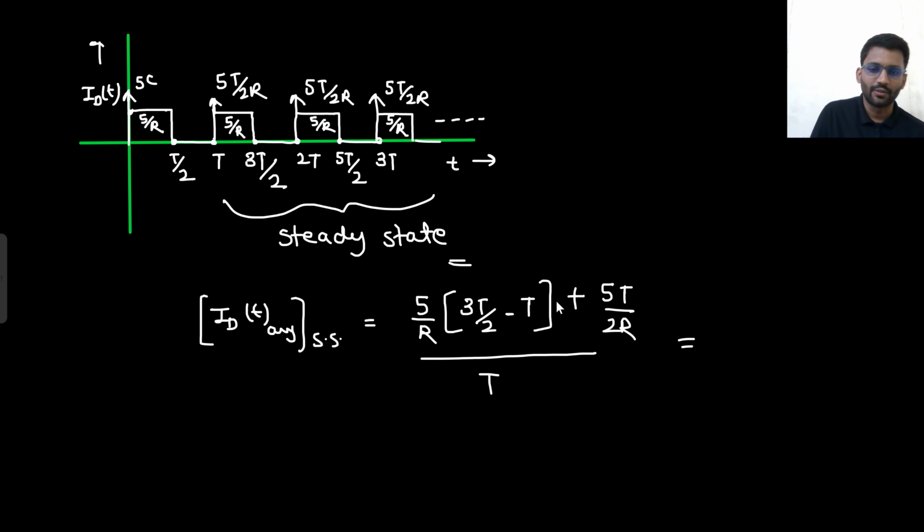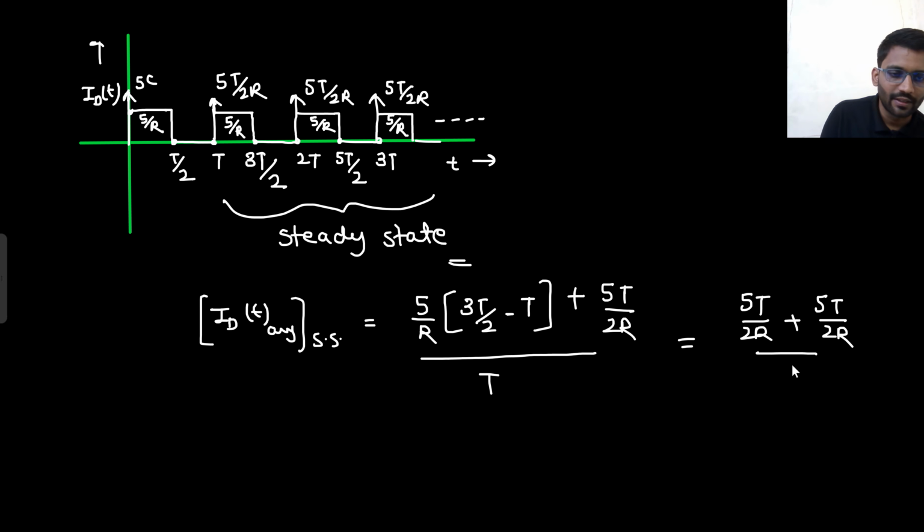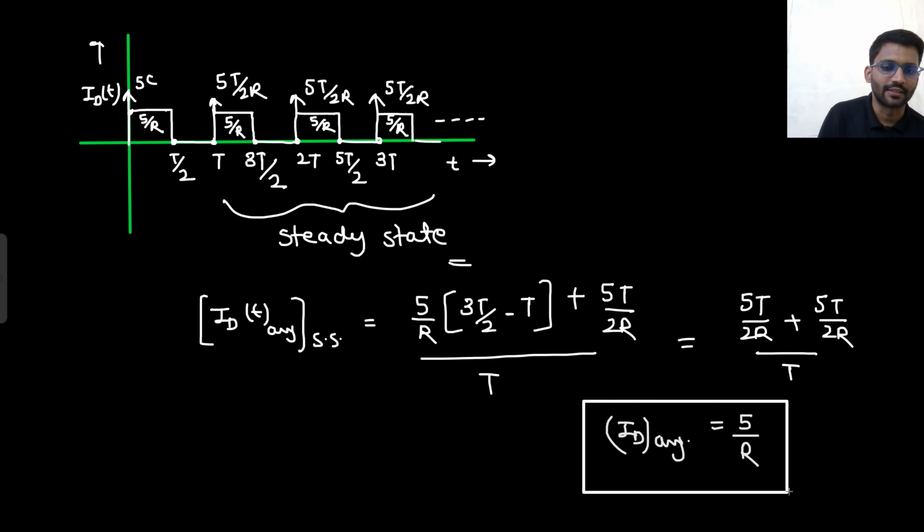Now 3t by 2 minus t is t by 2 only, so that is 5t by 2R plus 5t by 2R divided by t, that would be 5 by R. So ID average would be 5 by R. That is your final answer.